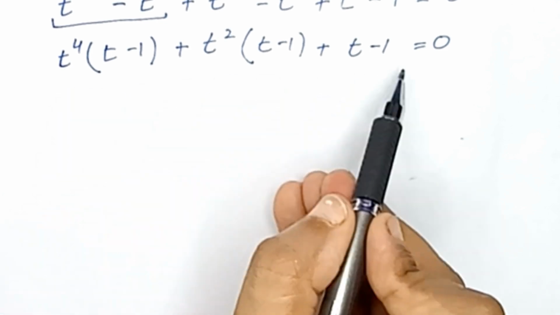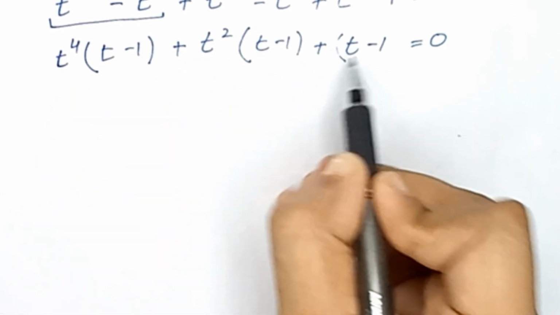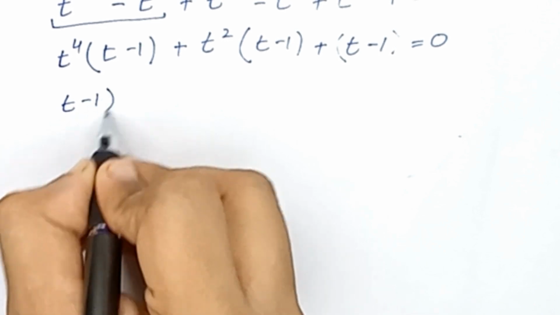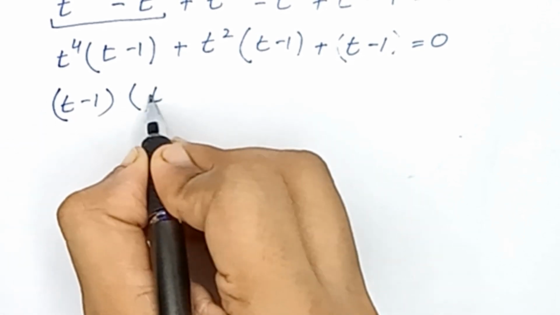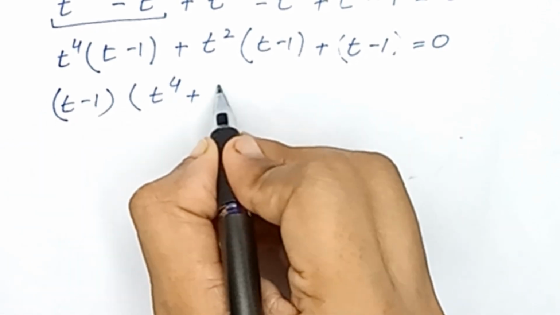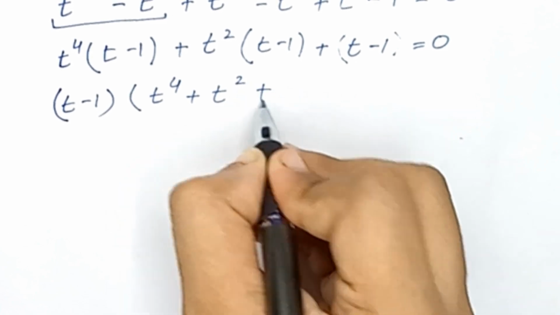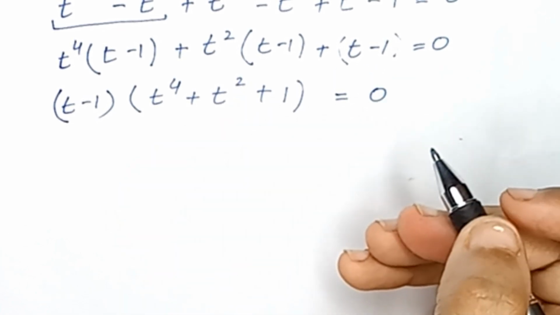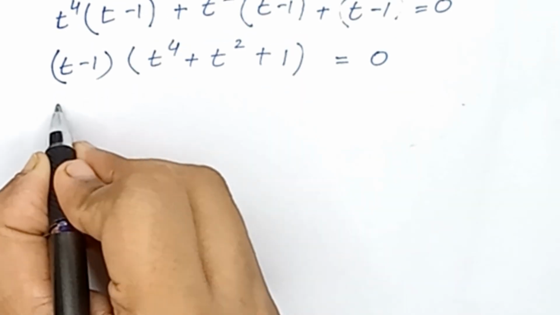Now, in all these terms, t minus 1 is common. So it will become t minus 1 times (t raised to the power 4 plus t raised to the power 2 plus 1) and it will be equal to 0. Okay.